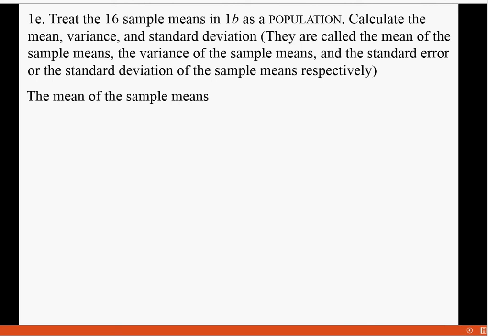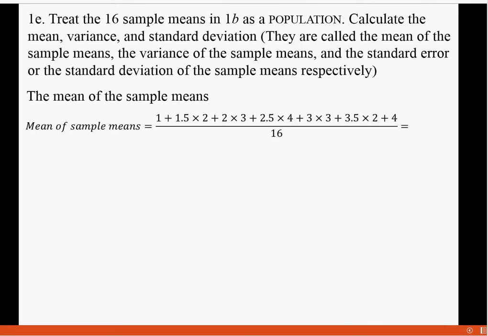We just put these 16 sample means together and divide by 16. 1 is a sample mean and occurs only once. 1.5 is also a sample mean, but it occurred 2 times, so it's 1.5 times 2. 2 occurred 3 times, so it's 2 times 3. 2.5 occurred 4 times, so 2.5 times 4.